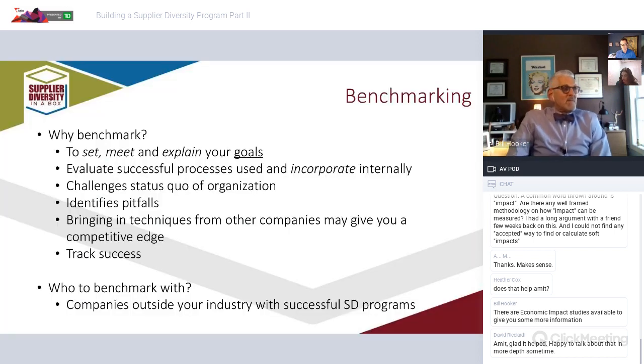So when we start talking about taking all this and creating a program, where to start? How do we start this program? I would suggest that before, and even after, you have your program, you do some benchmarking. By benchmarking, I mean talk to people. This is not piling through white papers and deciphering huge epistles on what benchmarking is all about.